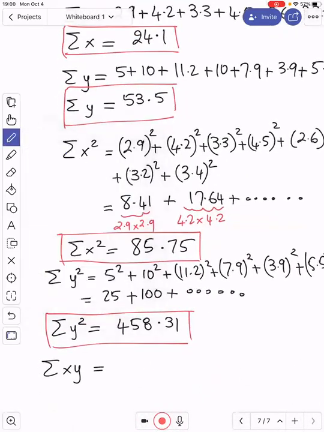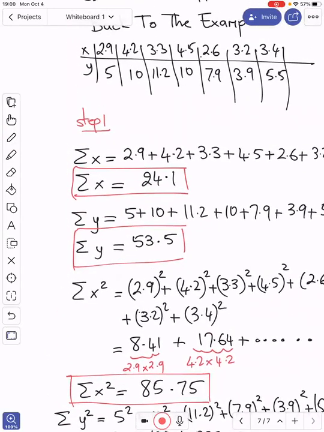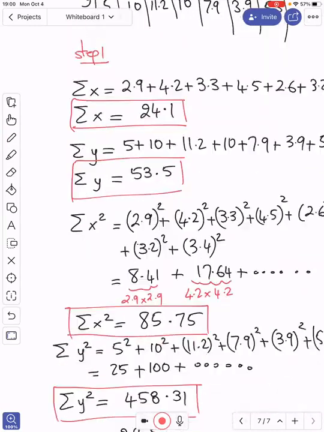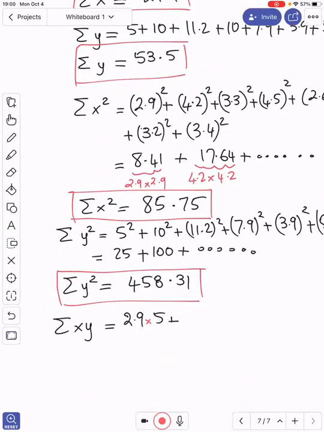Plus the next value of x, which is 4.2 times 10.